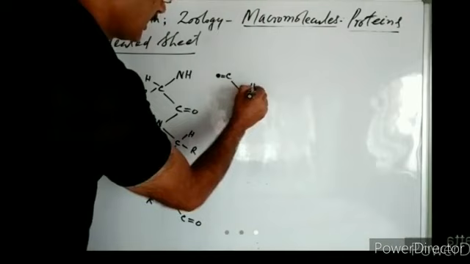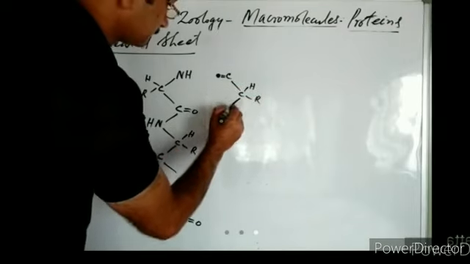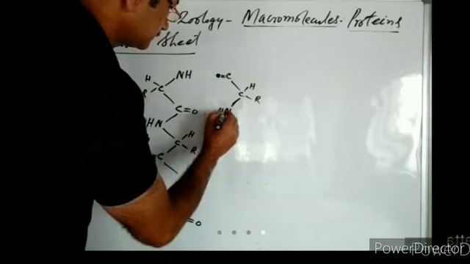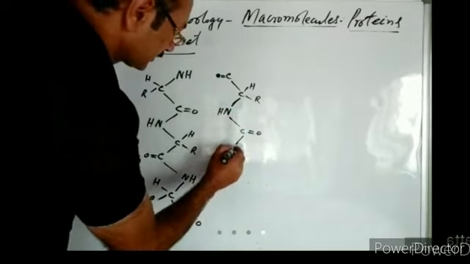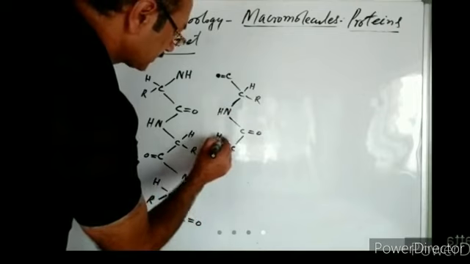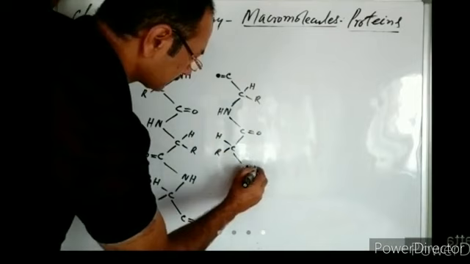C, H, R, NH. C double bond O, C, H, R, NH.